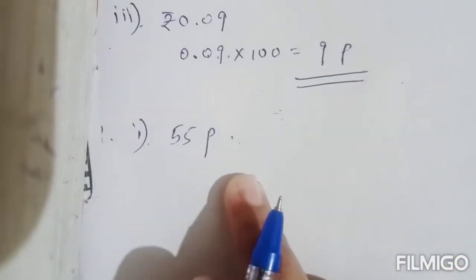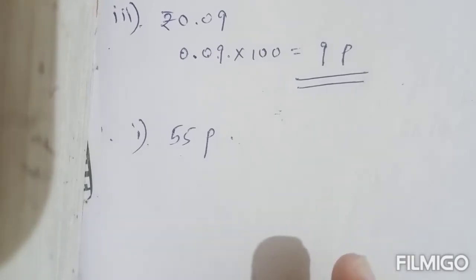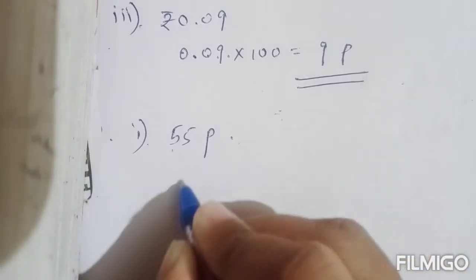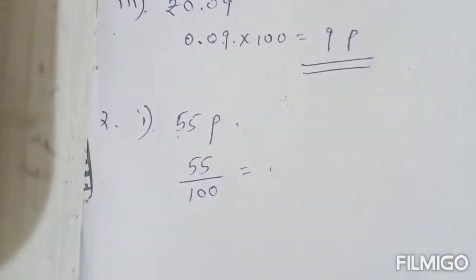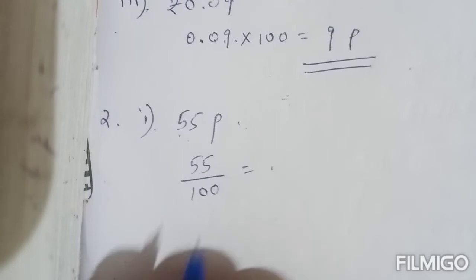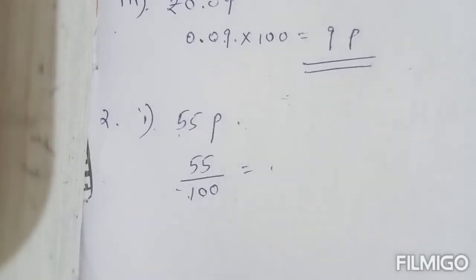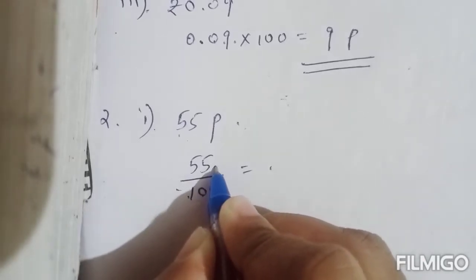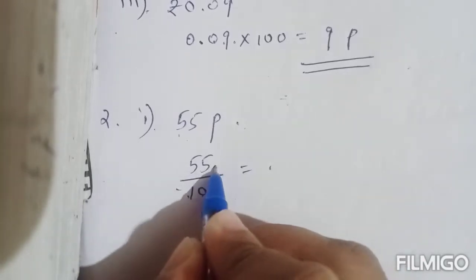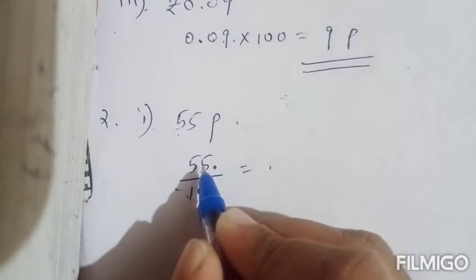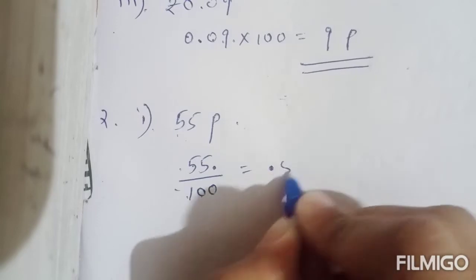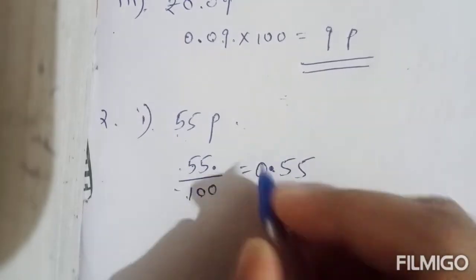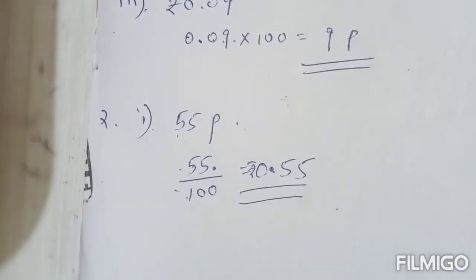So here 55 paise, in order to convert this to rupees, just divide 55 by 100. Division by 100, decimal point will move 2 places to the left. Okay, so in 55 here will be the decimal point, moving this decimal point 2 places to its left, 1, 2 here. Okay, so 0.55, that means 0.55 rupees it is.